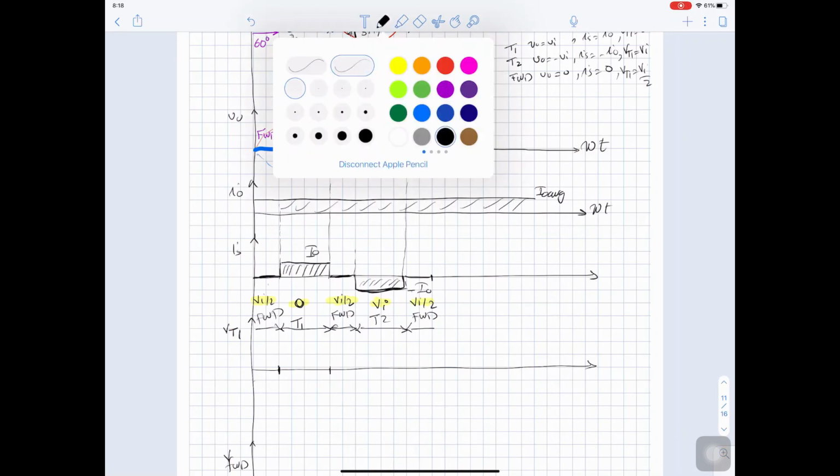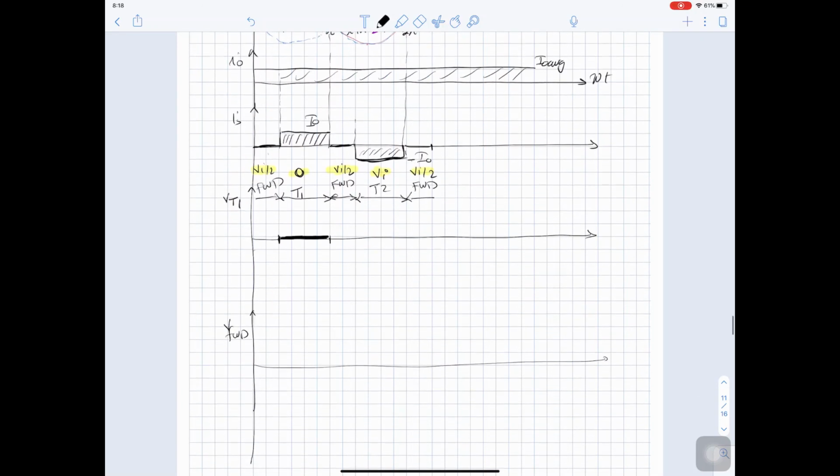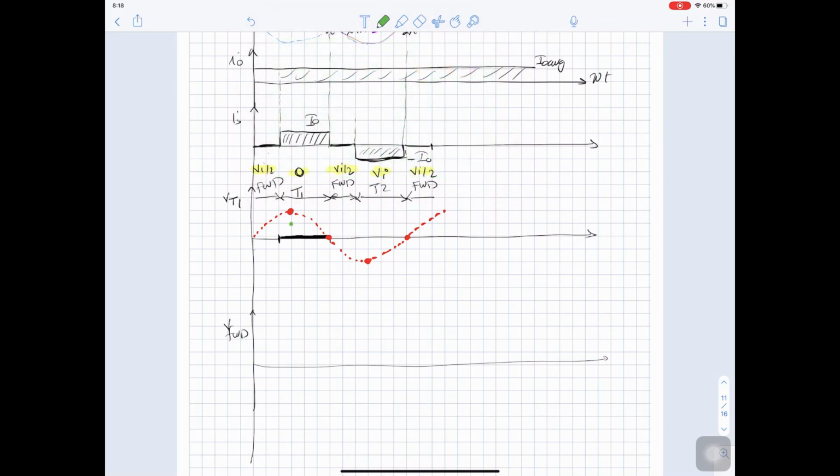And now we can do the sketch. So it is 0 during this time. Then I will sketch Vn, and also I will sketch Vn over 2, just half the peak.